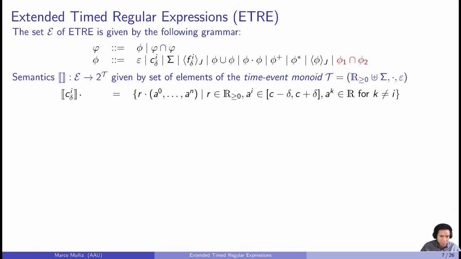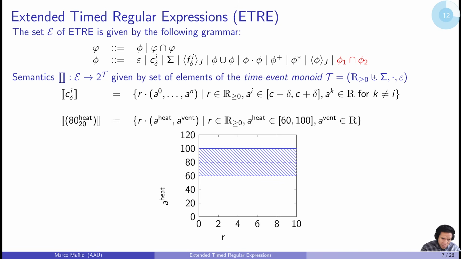The semantics, for example, for this expression, constant I delta, gives a set of elements of the monoid. Let's look at an example. Here the constant is 80, the dimension is heat, and the delta is 20.